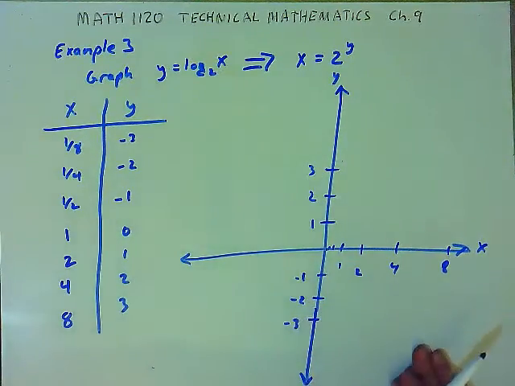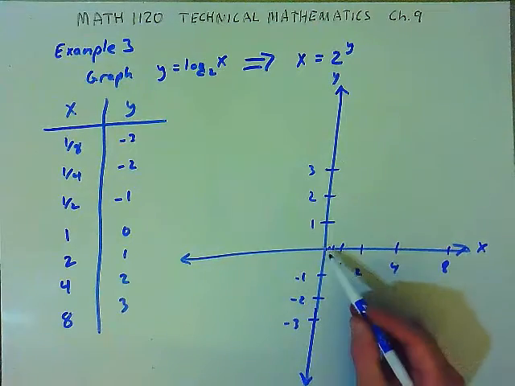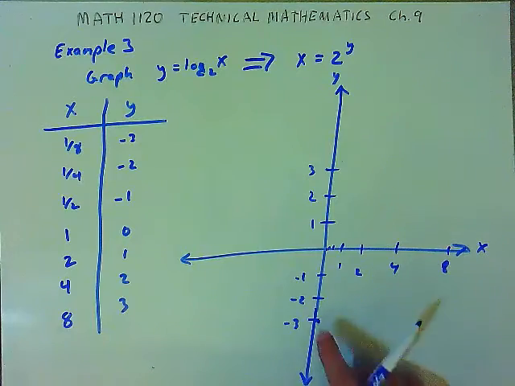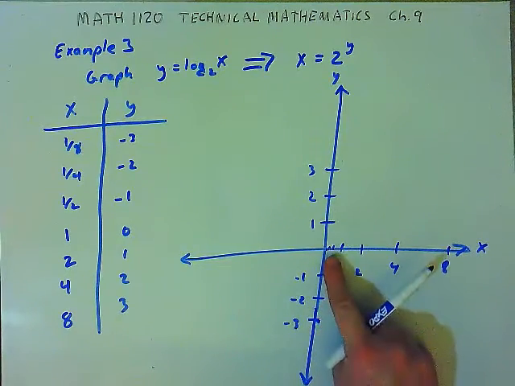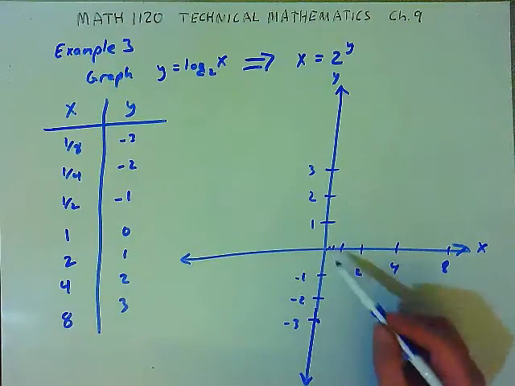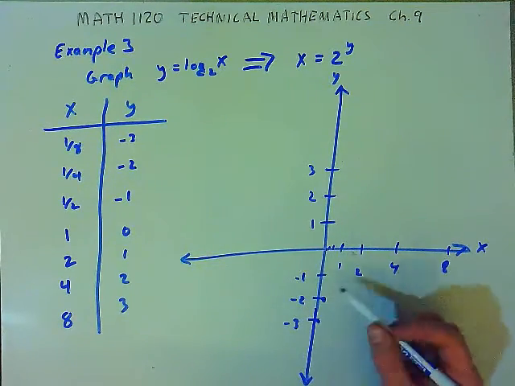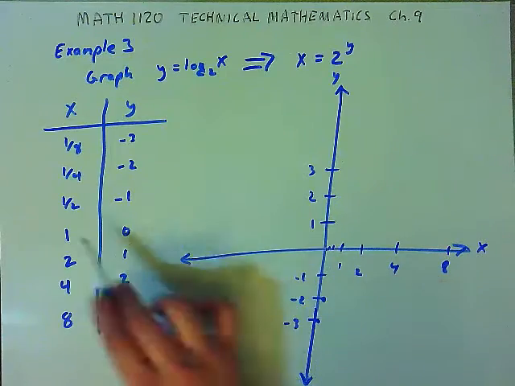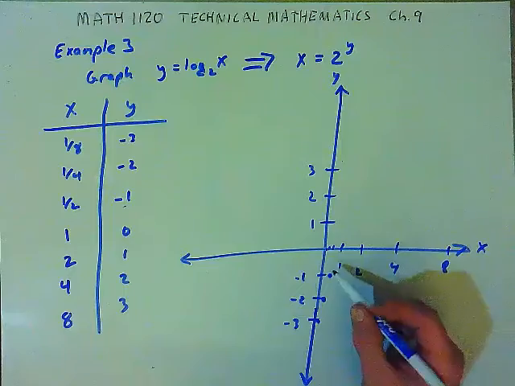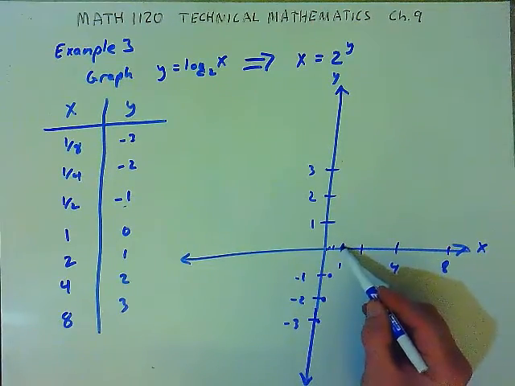Okay, so when x is 1/8, y is negative 3. That's way down here somewhere, and it's very close to the y-axis. When x is 1/4, y is negative 2, about here. When x is 1/2, y is negative 1, so that's going to be about right here. When x is 1, y is 0.